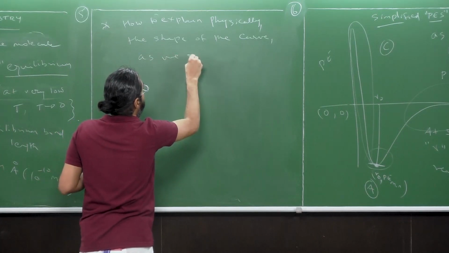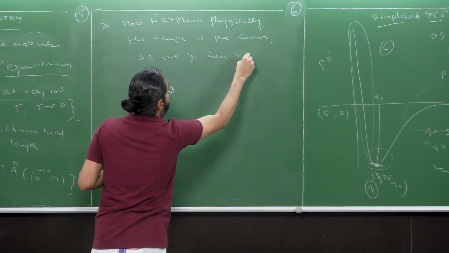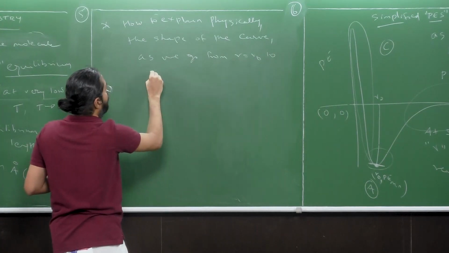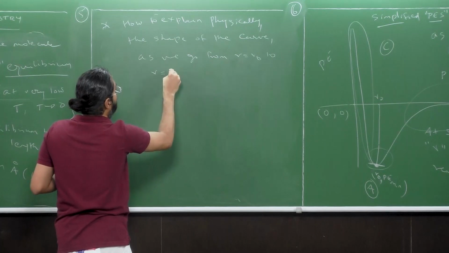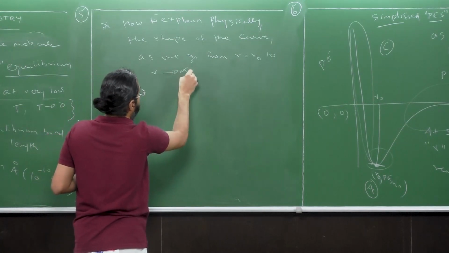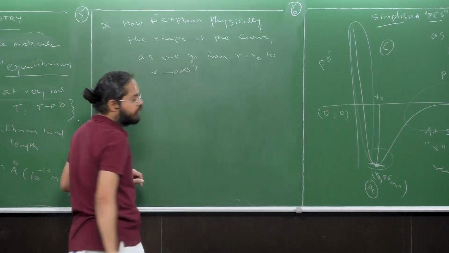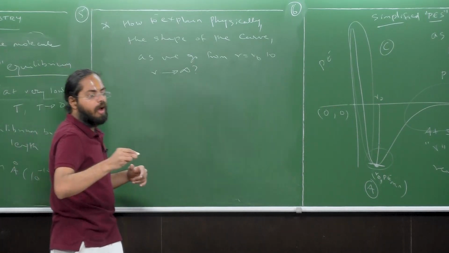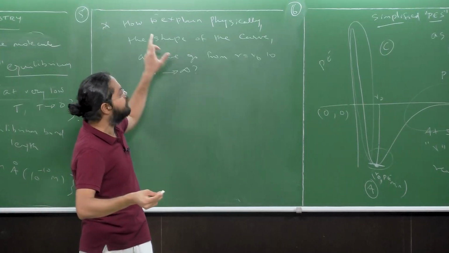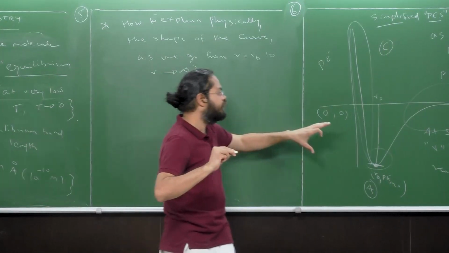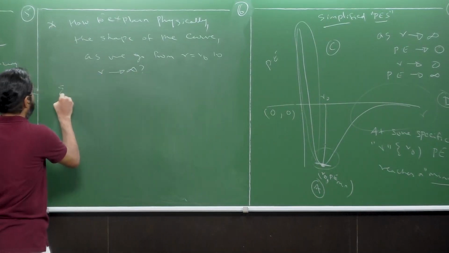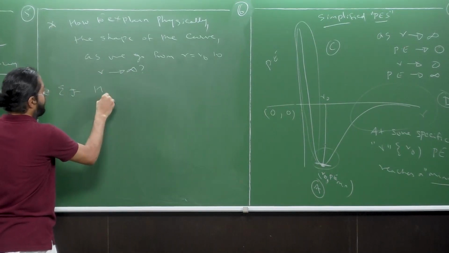As we go from r equals r naught to r tending to infinity, in other words, what are we doing? It will help our mission to answer this question if we consider a simple example, for example H2.